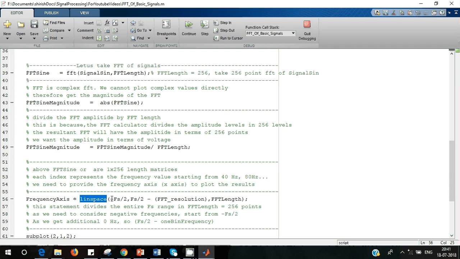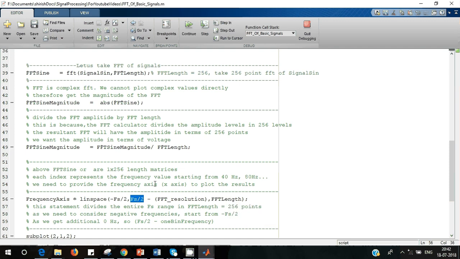We will divide the x-axis, or the frequency axis, ranging from negative frequencies minus Fs by 2 to plus Fs by 2. The total is 10240. Okay, so these many points, in total 256 points.